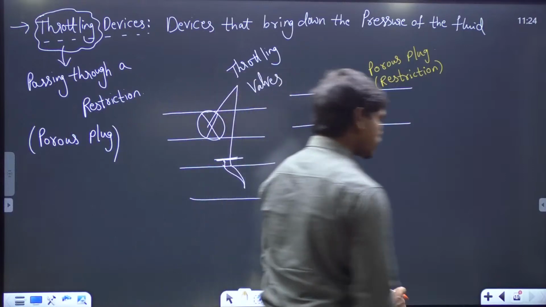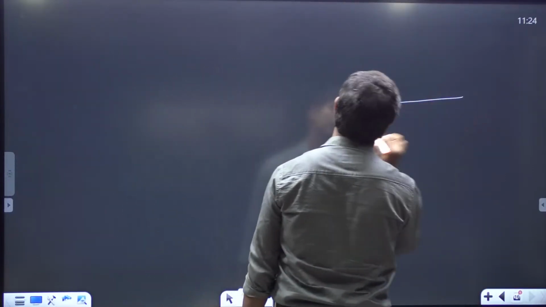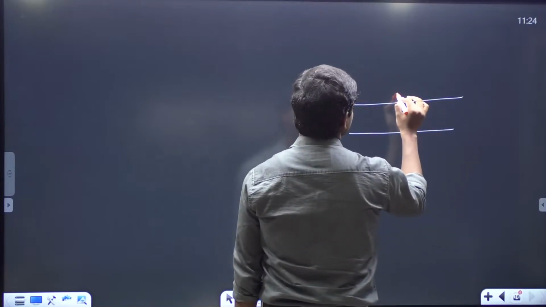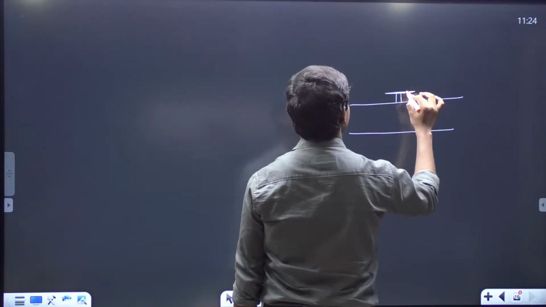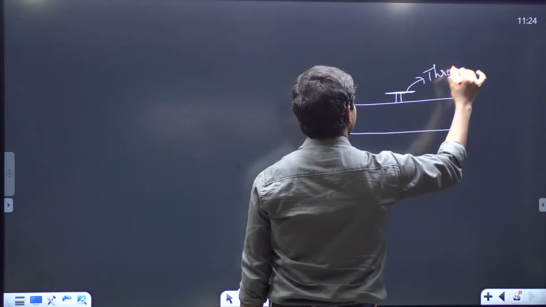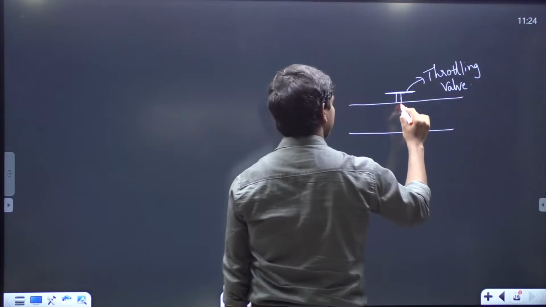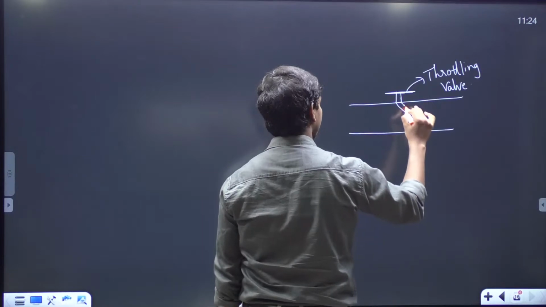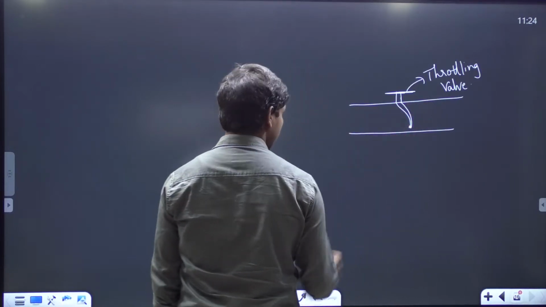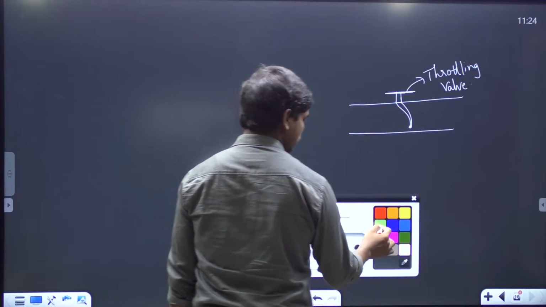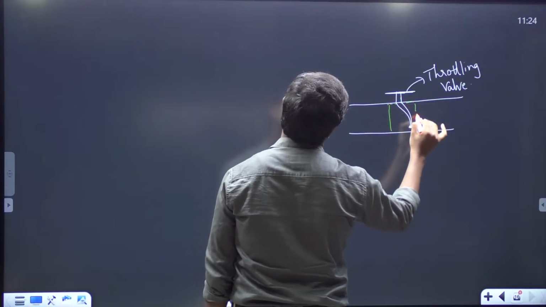Okay, so let us apply the steady flow energy equation for this flow, which is of course providing some restriction onto the flowing fluid. Now let us see, this is the control volume that you are choosing, just before and after this throttling.